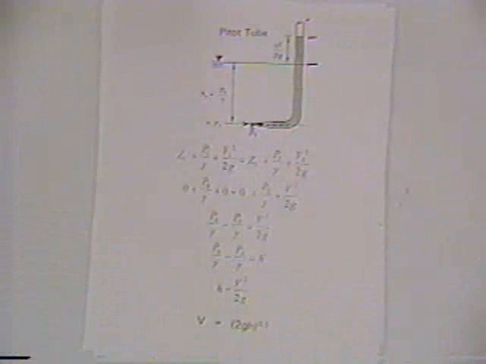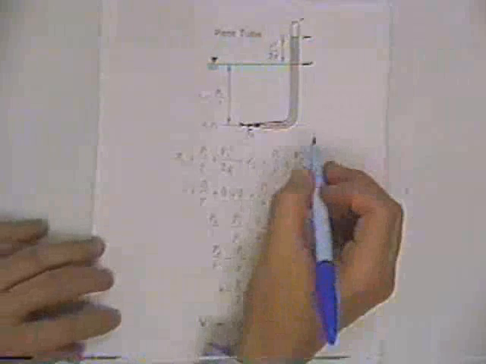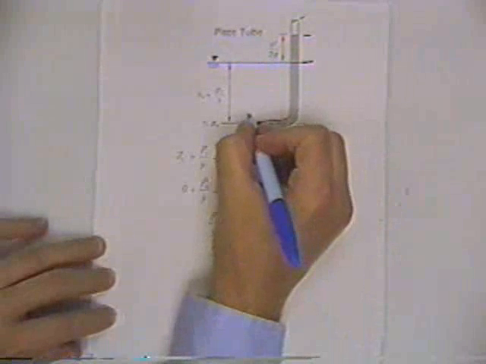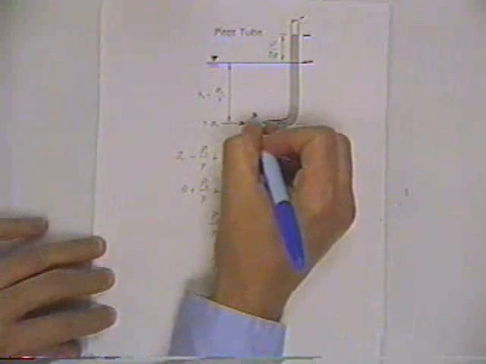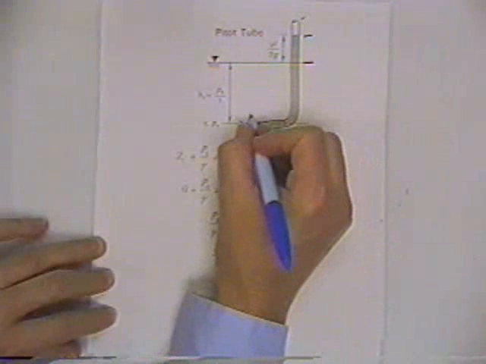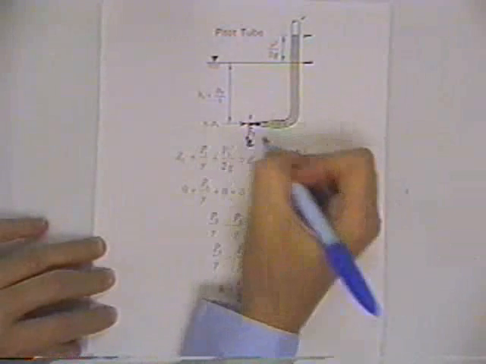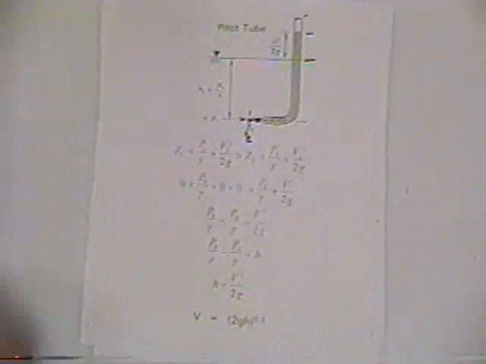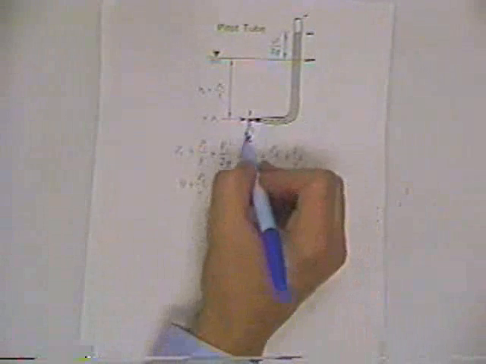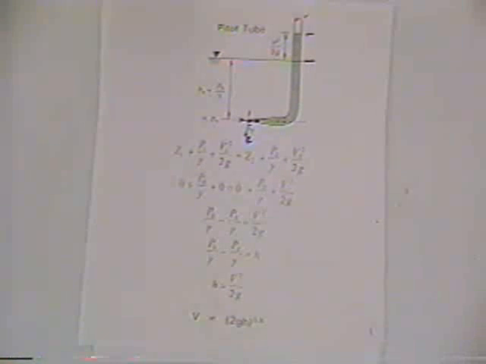And so we can formally do that by just looking at the energy equation. This gives us an opportunity to apply the energy equation, and so we apply it between a couple points. We'll apply it between a point right inside the entrance to the tube and a point just outside the entrance to the tube.